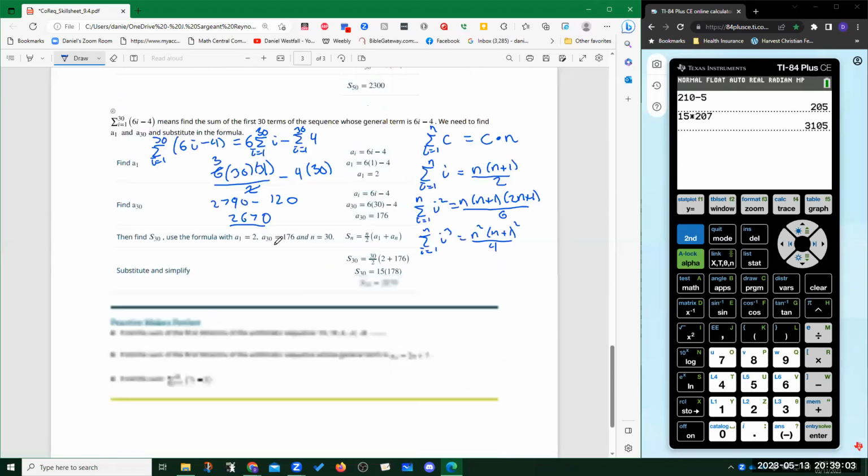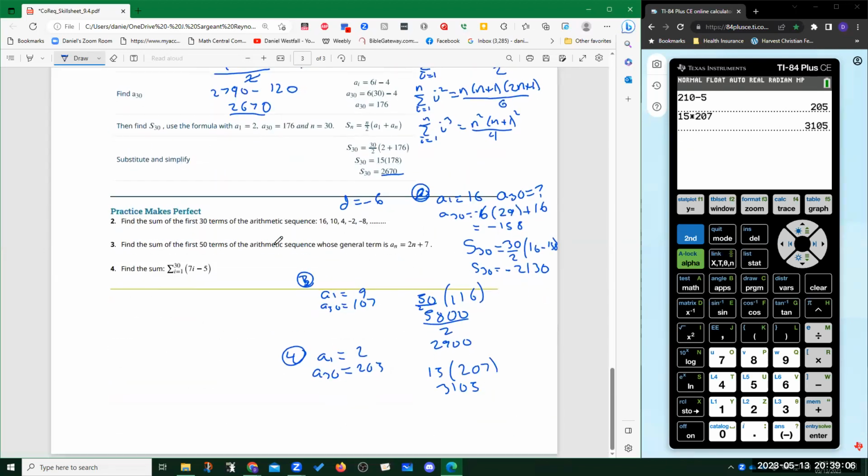Let me just give you a couple formulas here from what they're talking about. If I have, in this form, the sum from n equals 0 to infinity of a0 times r to the n, if and only if the absolute value of r is less than 1, then this is going to be exactly equal to a0 divided by 1 minus r.